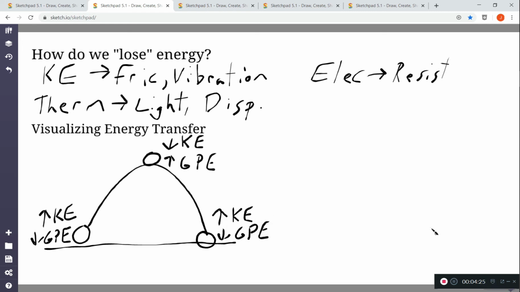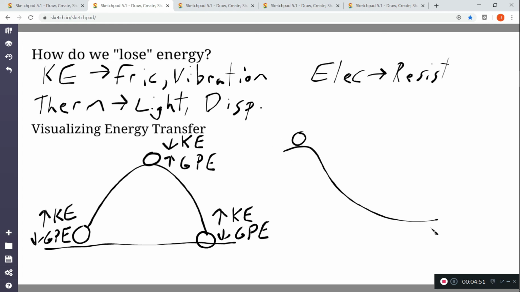Now we could also model a pendulum, and that pendulum would just be the opposite of this diagram. It starts with a high gravitational potential, gains the most kinetic at the bottom, and then is highest gravitational potential at the other end. But what about something rolling down a hill?